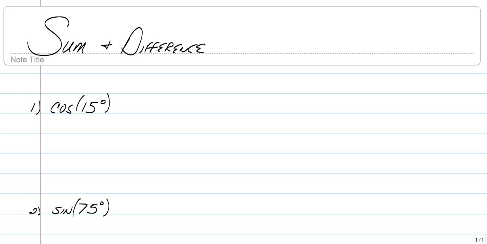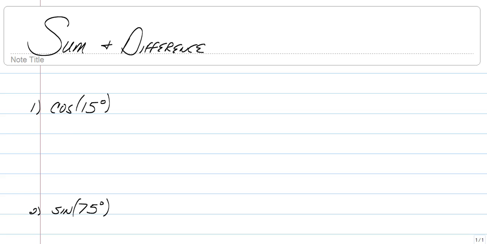And what we need to do is think about how we can use the most popular angles in the unit circle to work with the cosine of 15. Think about how we can take those angles given and give us 15.